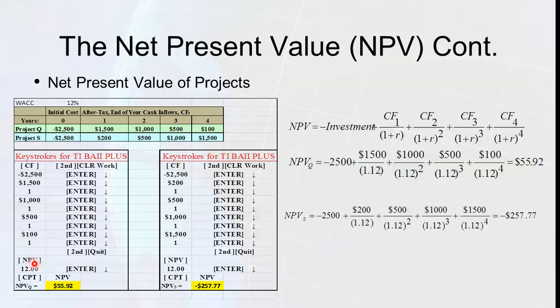Basically you're going to get the present value. Once you get the present value, you can deduct that 2500, and again you're going to get the same thing. So do whatever way you feel comfortable, or you can use the formula, which is a little bit more complicated. I would definitely use either the financial calculator or Excel.